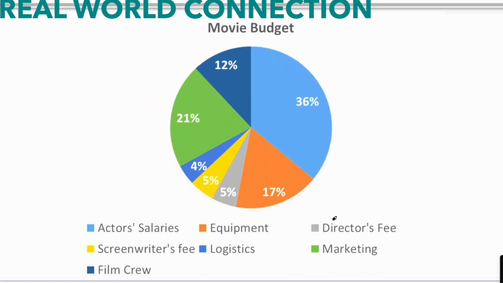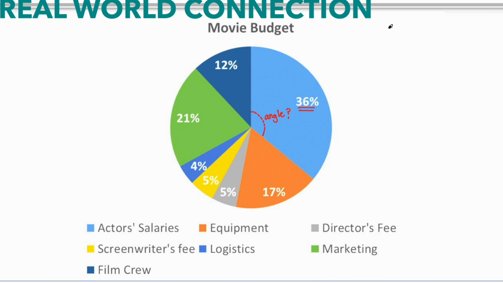One way we can use this is if we have a pie chart that discusses percentages, like in this case a movie budget. We can find what the angle measure is. For example, if I wanted to know this angle measure, I know that it's worth 36% of my circle.